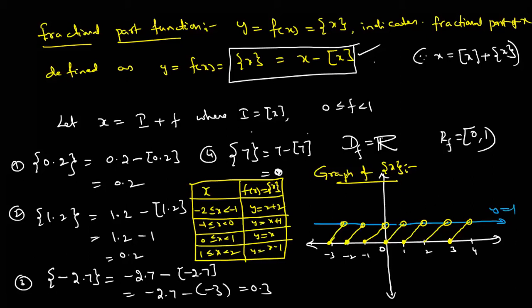I'm drawing the picture, see. So what is this graph? y is equal to x. What is the graph? x minus 1. What is this graph? y is equal to x plus 1. What is this graph? y is equal to x plus 2.